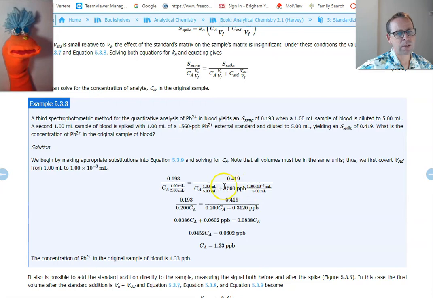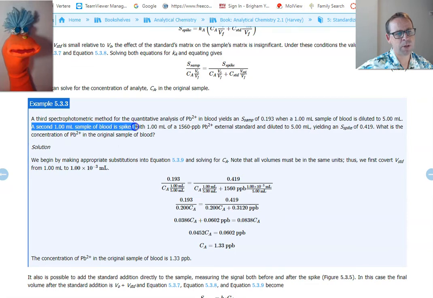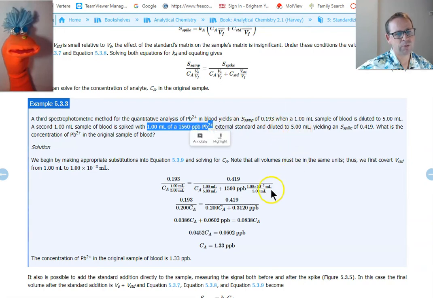So here, it looks like there's a little issue with this problem because it's saying a second 1 milliliter sample of blood is spiked with 1 milliliter of this stuff here and then diluted to 5. So the final volume is 5. And the standard's volume here, they're saying is 1 times 10 to the minus 3 milliliters, which is 1 microliter, all right?